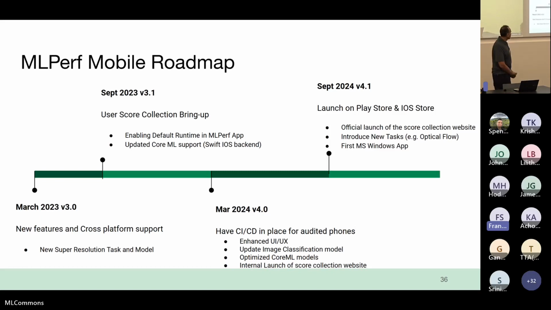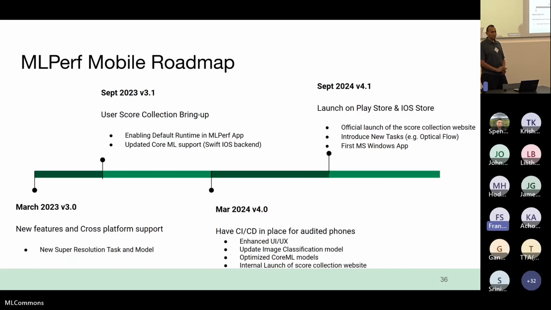I think I have 2 minutes to go over the main roadmap. Of course, we have the submission coming up in September, and in March we want to work on CI/CD. We need to enable CI/CD with physical phones.